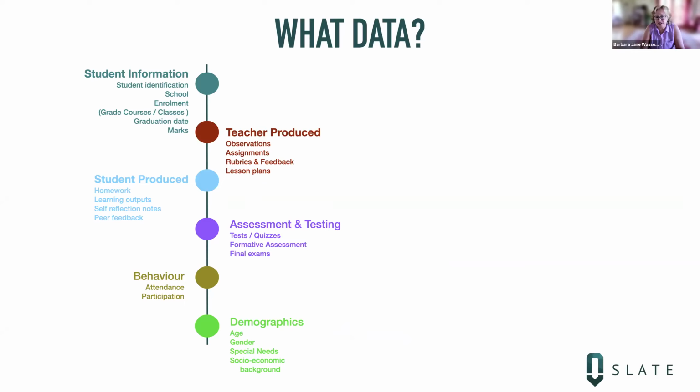We've got tests and quizzes, exams. You've got behavior data like attendance, or are they participating in class or not? And then the general demographics data, age, gender, special needs, etc. All of that kind of data can be used in learning analytics as well.